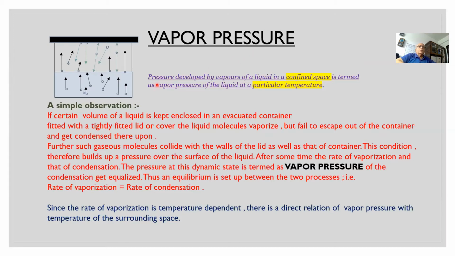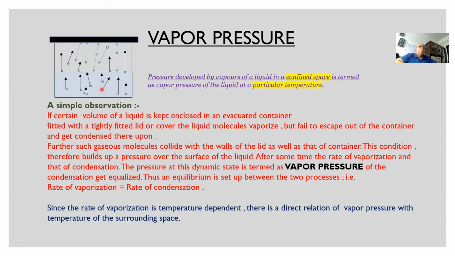Suppose there is a container in which we have taken a certain amount of liquid and it is open. It is not closed. What will happen? We know that the liquid molecules are not stationary.